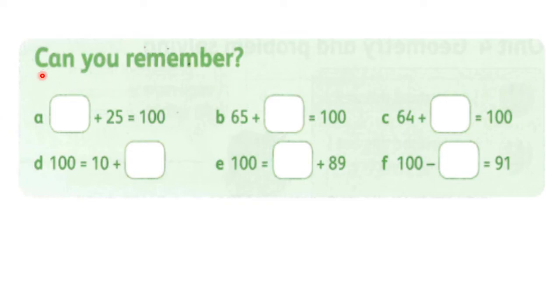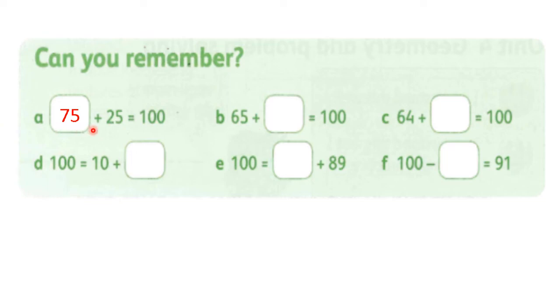In this exercise, we have to find a number that added to 25 makes 100. Of course, it's 75. We can use this calculation to help us answer B and C. 75 plus 25 equals 100. 65 is 10 less than 75.